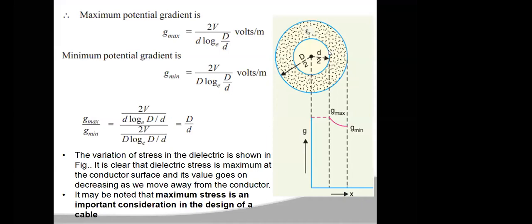This insulation dielectric strength should be greater than this G max value. That means the insulation you keep on the surface of the conductor should withstand this maximum potential gradient, which means dielectric stress. The insulation used on the cable should withstand the maximum value of dielectric stress.